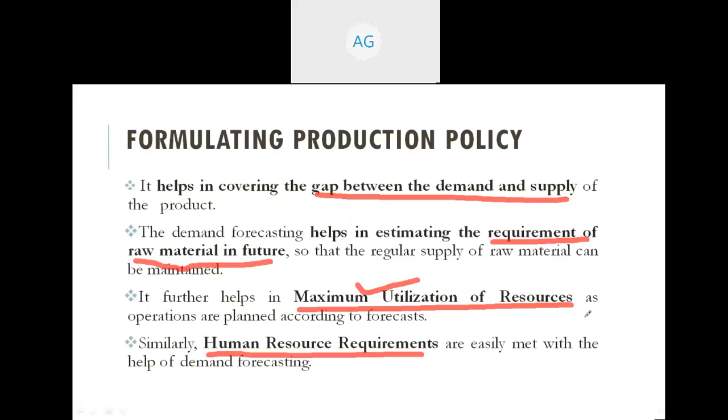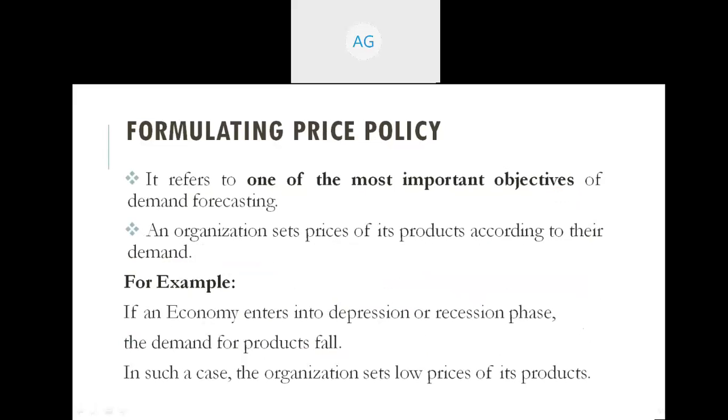Then moving to the next slide, the next point is formulating price policy. First was formulating production policy, and this is formulating price policy. It refers to one of the most important objectives of demand forecasting.